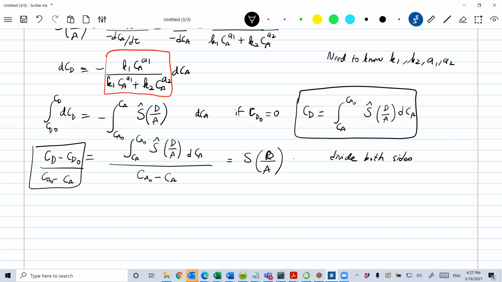So suddenly you realize something, the familiar refrain, that the overall selectivity of a PFR is the average point selectivity over the whole length of the reactor.